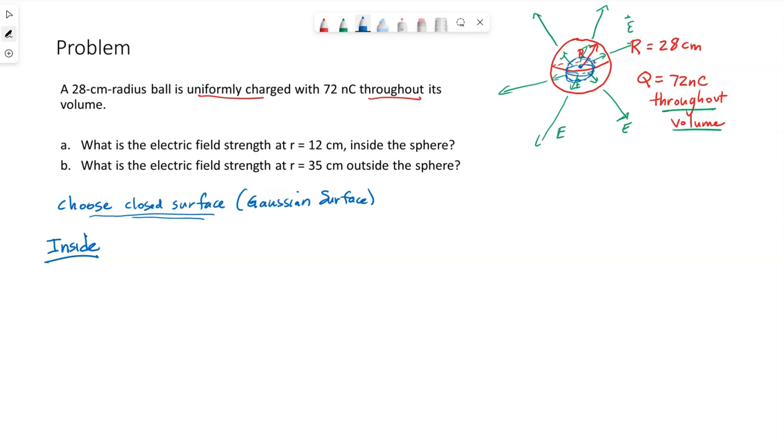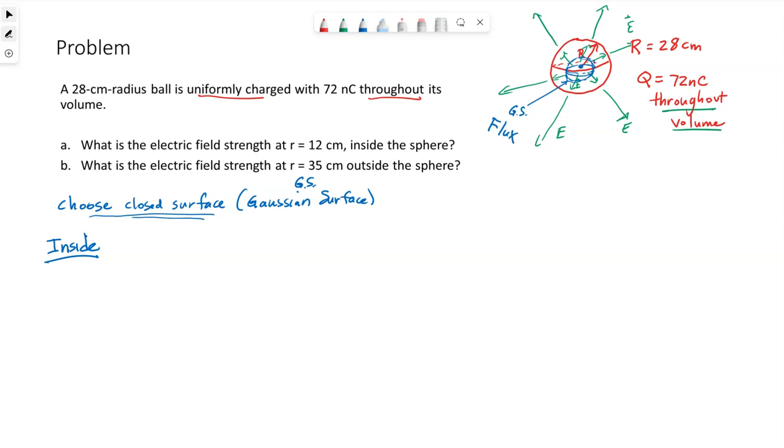They share the same center. So this new one, this blue one, is my Gaussian surface, my imaginary surface that we're going to talk about the flux through. This new sphere is not an actual object. It is not charged. It's just a closed surface to talk about flux.